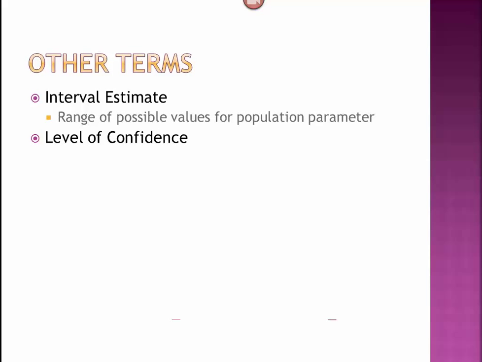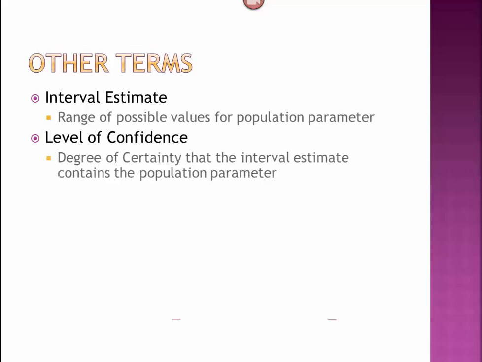That interval estimate and how wide we make it is based on the level of confidence we choose. So we call that our level of confidence. And literally, the level of confidence is the degree of certainty that our interval estimate contains the population parameter. This level of confidence is not something that we just throw out there.